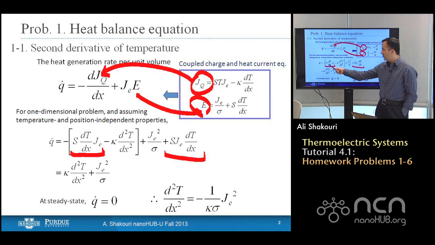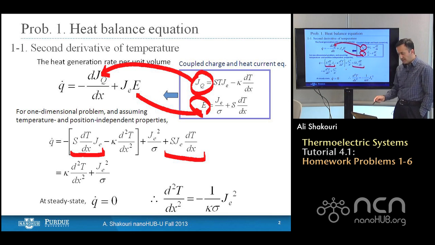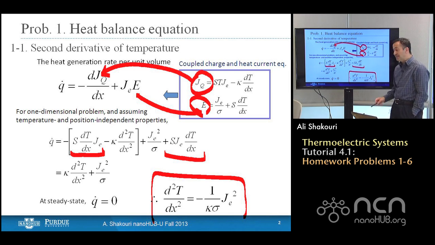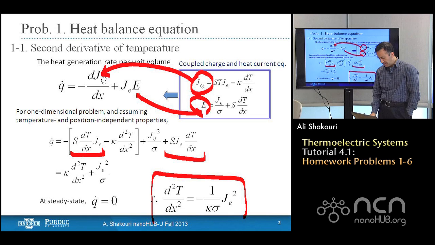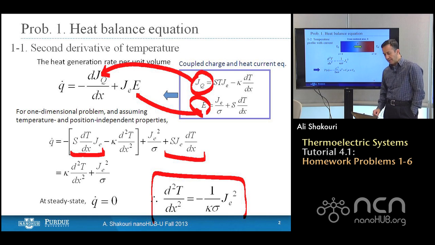At steady state, the change with respect to time is 0, and it gives you a steady state equation for current. This equation is quite simple, as the second derivative of temperature with respect to space is now a constant, because basically Joule heating is constant per unit distance.